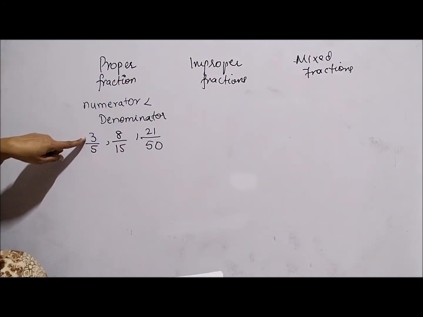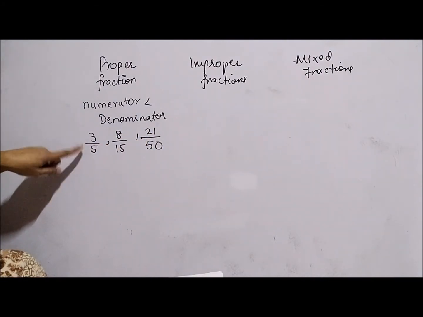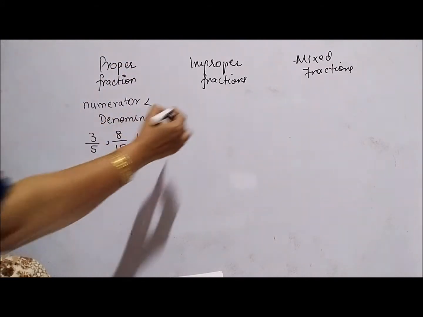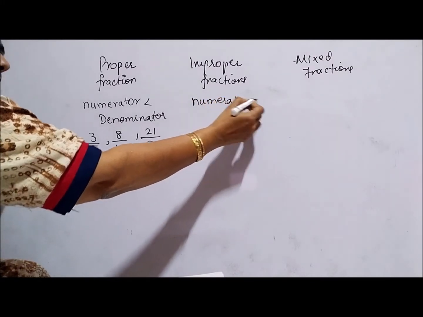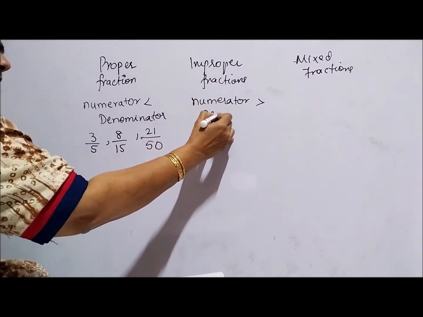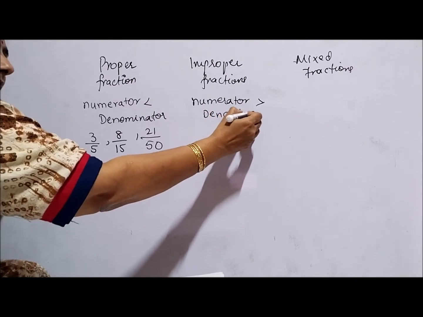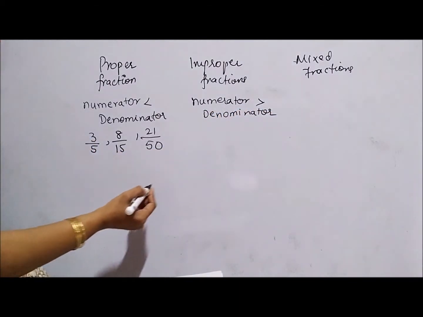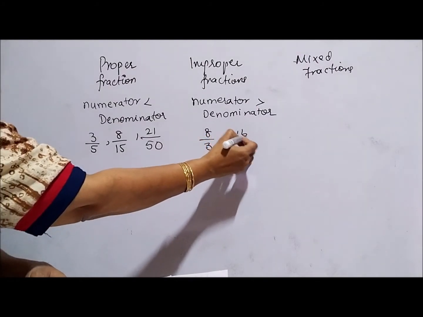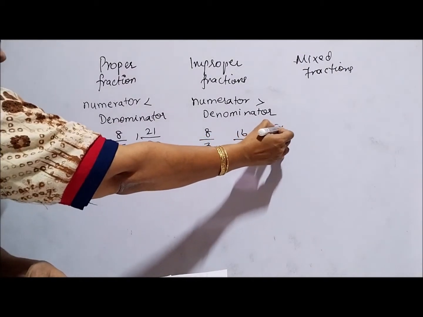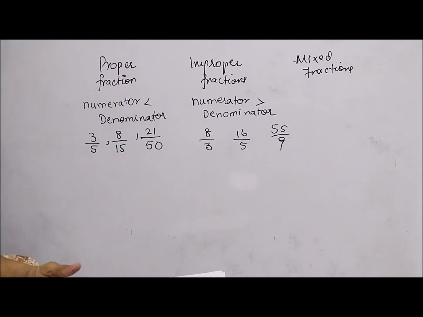Here the numerator is less than the denominator. Improper fraction. Numerator is greater than the denominator. Like 8 by 3, 16 by 5, 55 by 9. Like this.